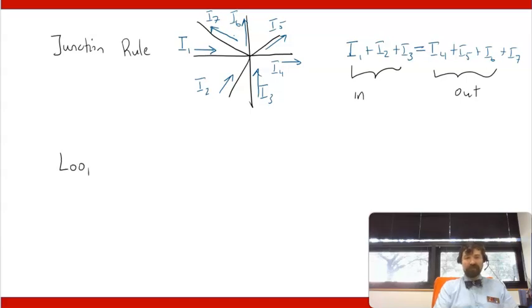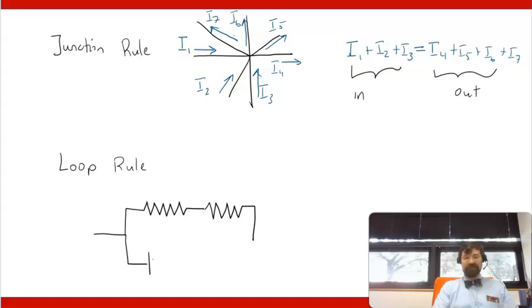The loop rule basically involves setups where you have a complete closed loop. So maybe I happen to have a resistor here, maybe there's a second resistor here, maybe down here I happen to have a battery, and then maybe there's like an internal resistance on the battery, something like this.